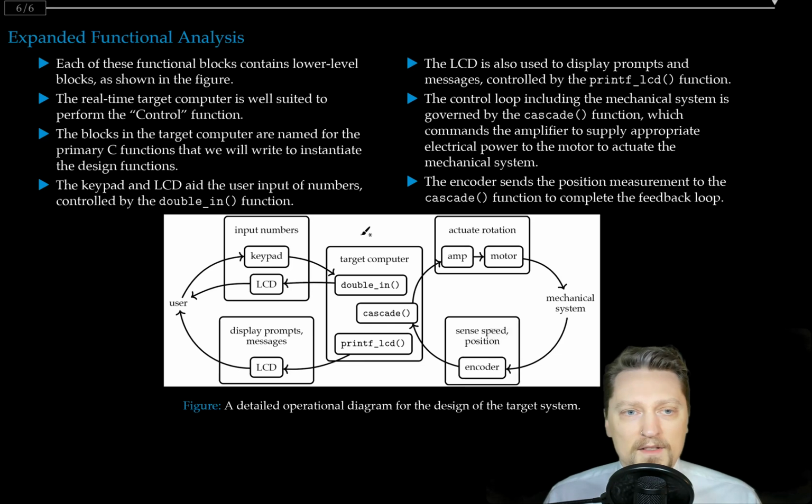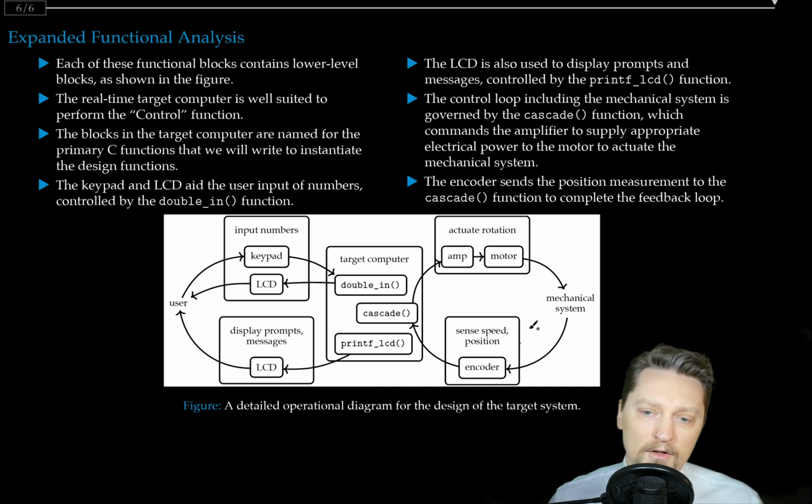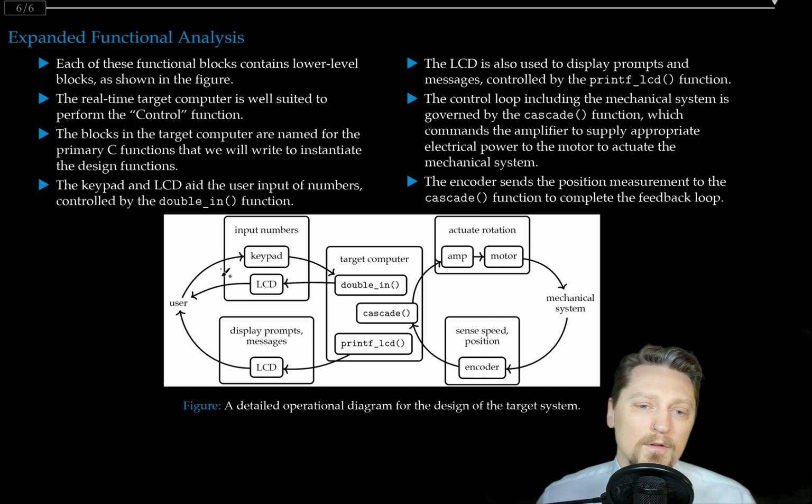Expanded functional analysis. Each of these functional blocks contains lower level blocks as shown in the figure. So what we've done is we've expanded each of our 5 functional blocks. This is what functional analysis does, is start with high level functional units and then expand them to smaller functional units until they're the right size for implementation.